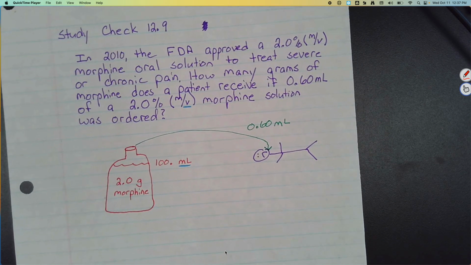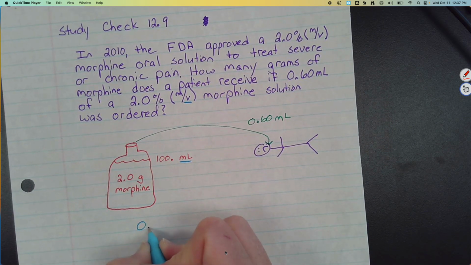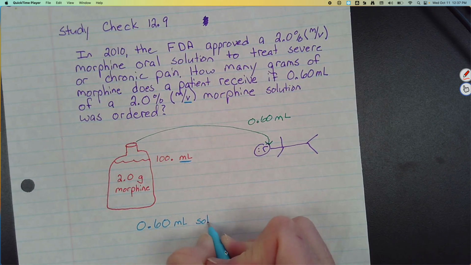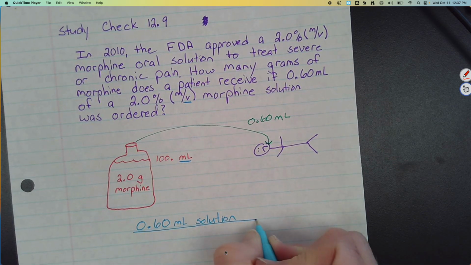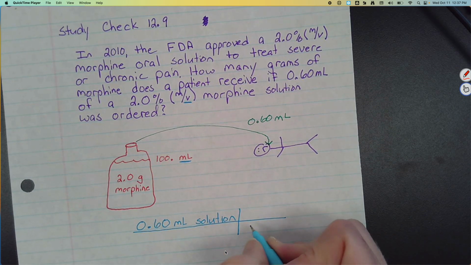So we need to figure out how much morphine sad patient is going to get. Well, sad patient just received 0.60 milliliters of solution out of my bottle. My bottle is definitely large enough to provide service to an awful lot of patients.